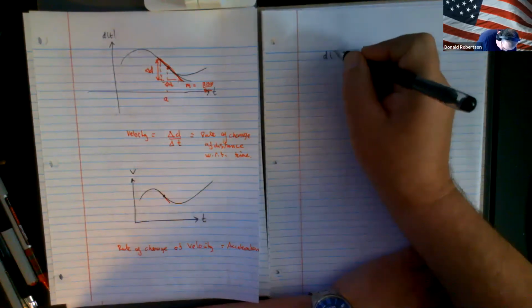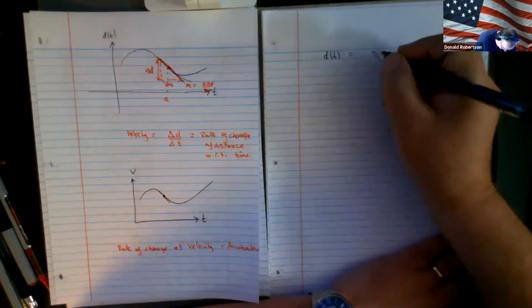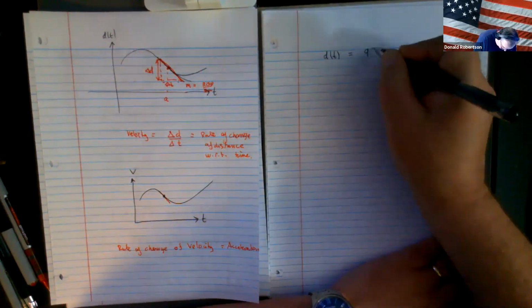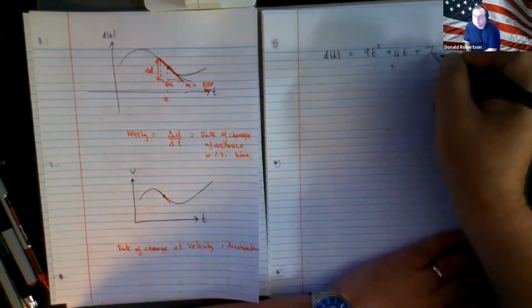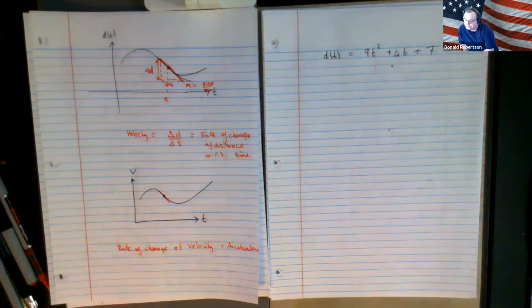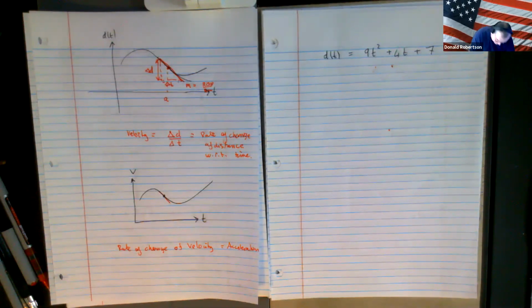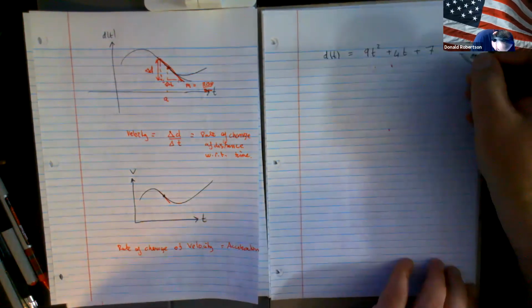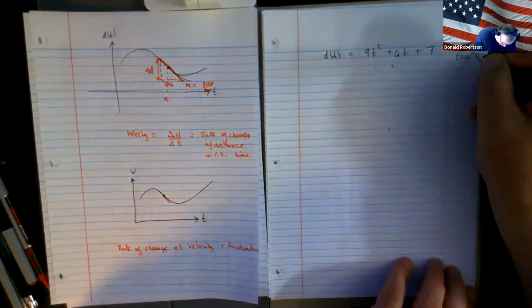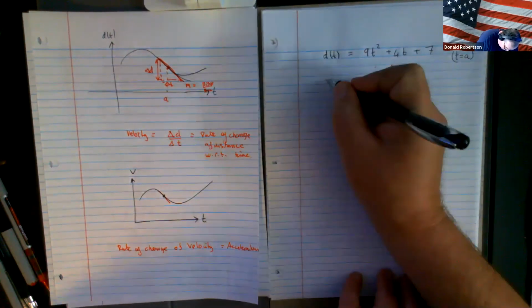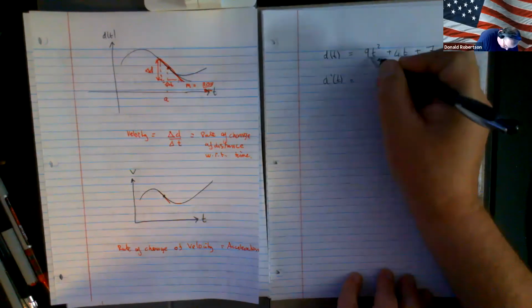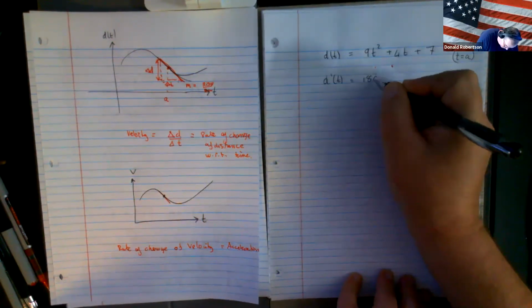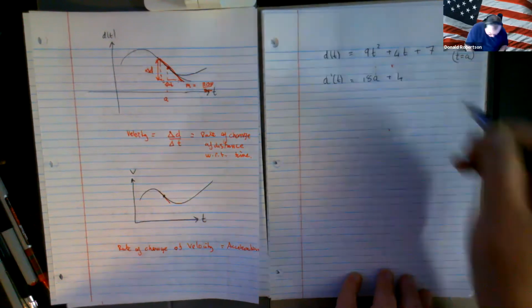Suppose I told you that I had an object and its position was given by this formula. If I wanted to find its velocity at t equals a, wouldn't it just be 18a plus 4?